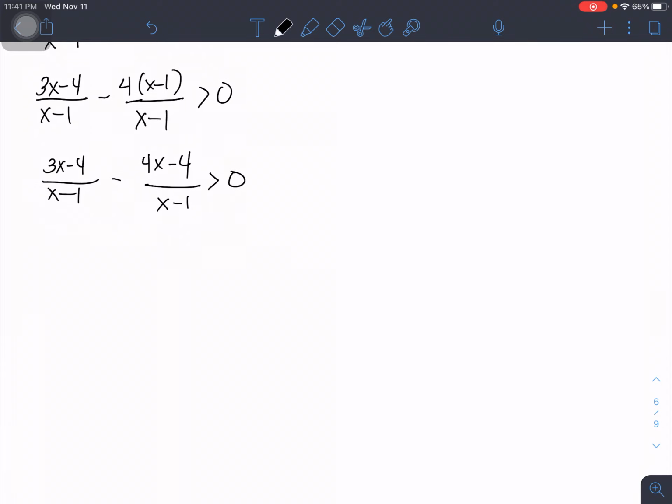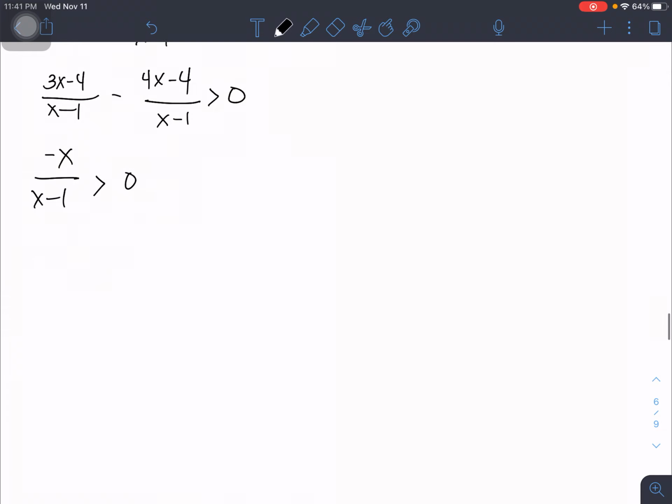Further simplifying, 3x minus 4x will be negative x. Negative 4 minus negative 4 will be 0. So this will be negative x over x minus 1 less than 0. So again, separate the numerator and the denominator and equate both of them to 0. So the first x will be equal to 0 and the second x will be equal to positive 1.